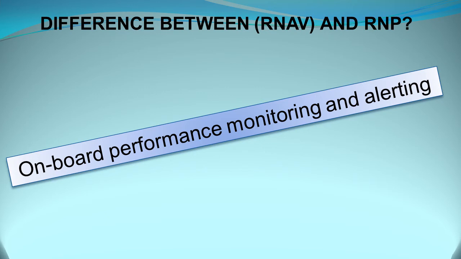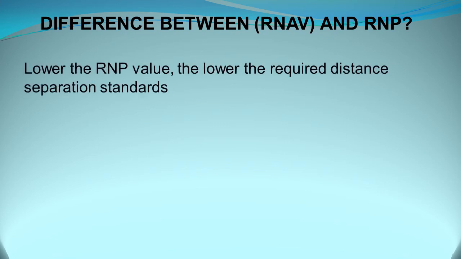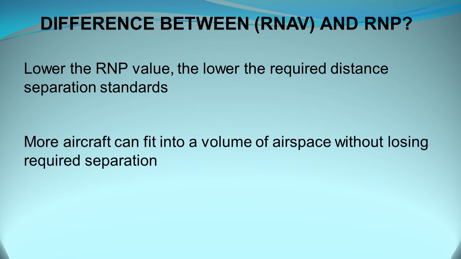Therefore, if ATC radar monitoring is not provided, safe navigation in respect to terrain shall be self-monitored by the pilot, and RNP shall be used instead of RNAV. Improved accuracy of onboard RNP systems represents a significant advantage to traditional non-radar environments. The lower the RNP value, the lower the required distance separation standards, and in general, the more aircraft can fit into a volume of airspace without losing required separation.